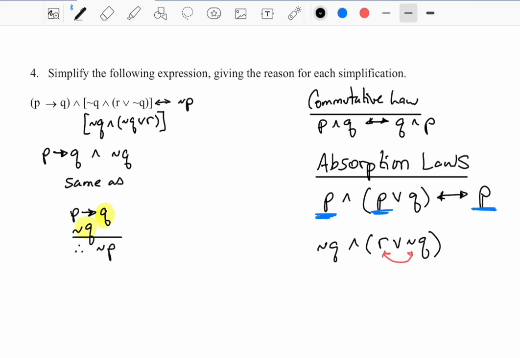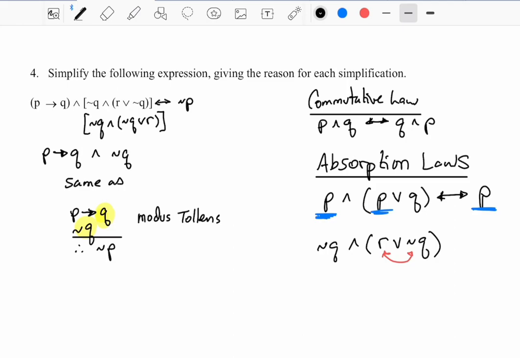So not P would be the result of this by modus tollens. And again, it's not as important that you know the name. The important thing is that you can see P then Q, not Q, must be not P.